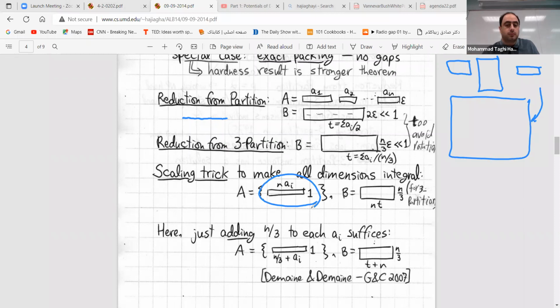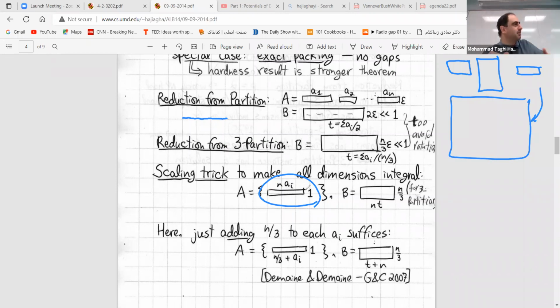Good. So note that that's the important thing that I mentioned. Whenever we are proving something in the lower bounds, we always want to prove something is hard, even in special cases. So here, for example, we know that rectangle packing is hard, even for the case that these widths are 1.